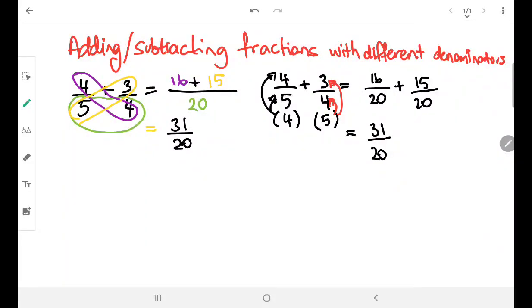So you can see that both methods work, and you can use both methods, whichever is easy for you. A lot of students actually use, from experience, the first method. They both work, so you're more than welcome to pick which one you want to use.